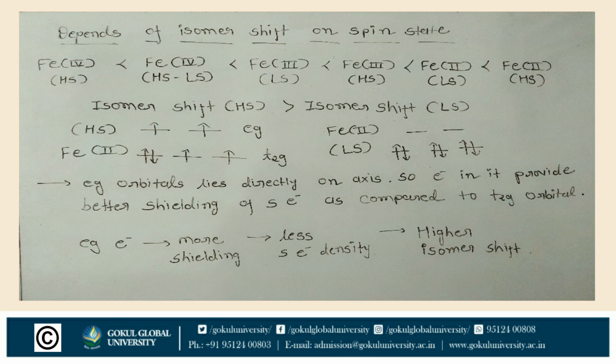So we can say that in the case of iron, the high spin complexes will have a higher isomer shift as compared to the low spin complexes.